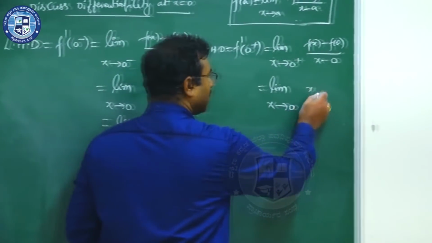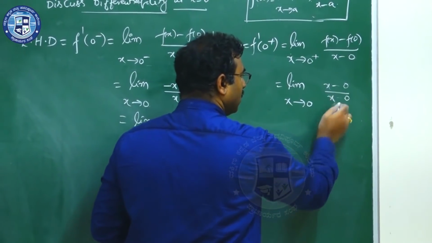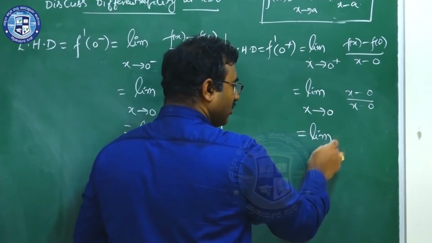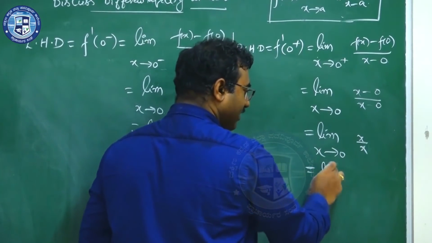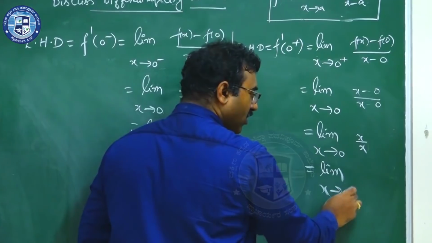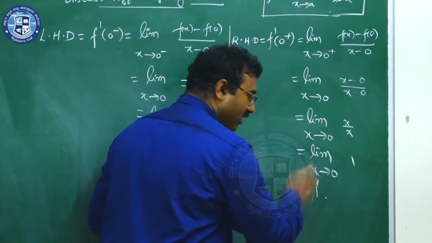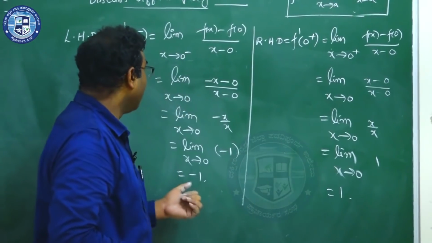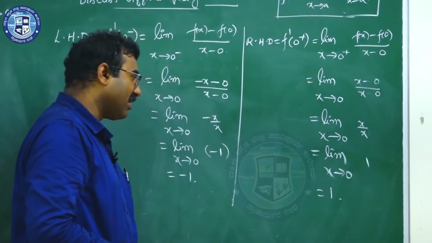So, (f(x) minus f(0)) divided by (x minus 0). So, what are we getting? Limit x tends to 0, x by x. So, the limit as x tends to 0, we are getting 1. So, that means this value is 1. You can observe clearly, the left hand derivative we got is minus 1, and the right hand derivative we got is plus 1.